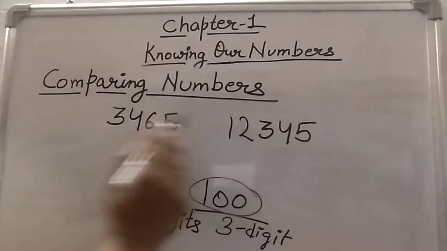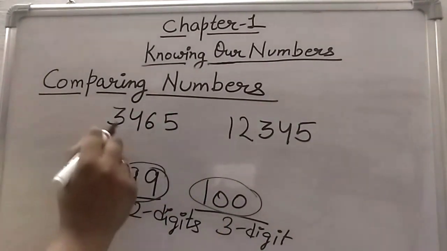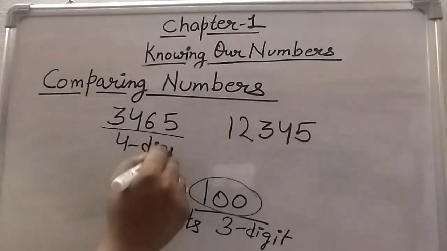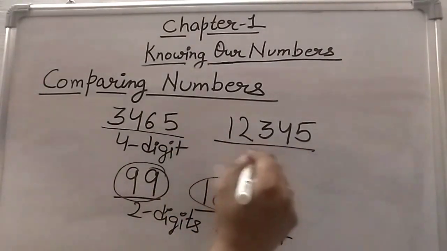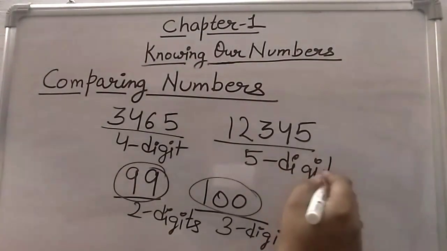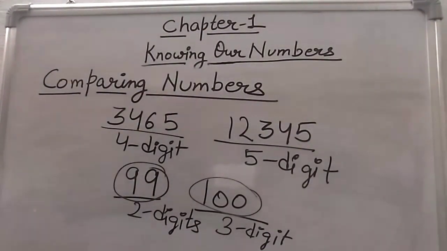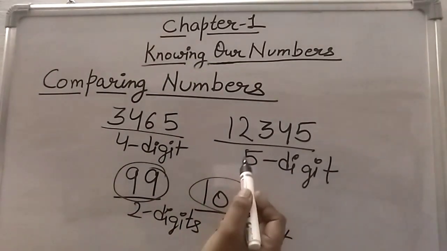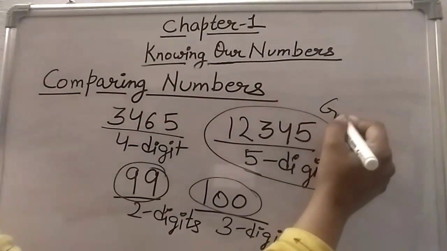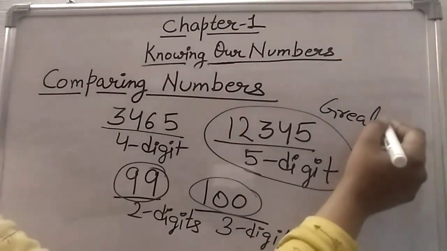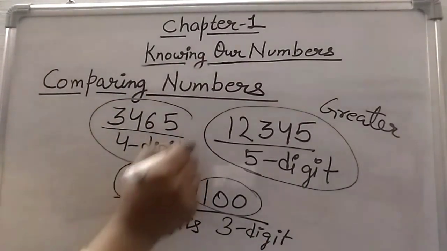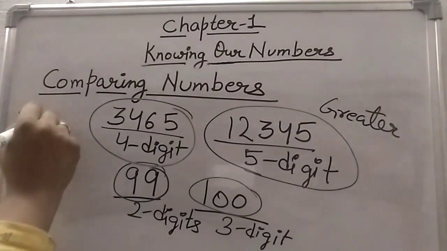Similarly, in these two numbers, we are able to see that our first number is a 4-digit number and our second number is a 5-digit number. So this way we can say the number which is a 5-digit number will be the greater one, and the number which is a 4-digit number is the smaller one.